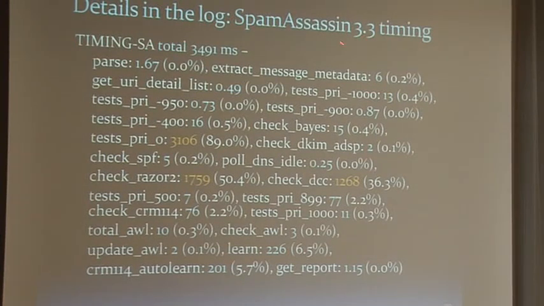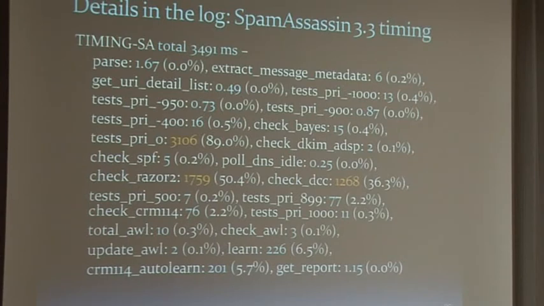If you use SpamAssassin 3.3, you also get a breakdown on timing in SpamAssassin, which is a rather neat feature. In this case, it spends most time running regular expression rules at priority 0. It spends 1.7 seconds doing Razor lookup. It spends 1.2 seconds doing DCC lookup.